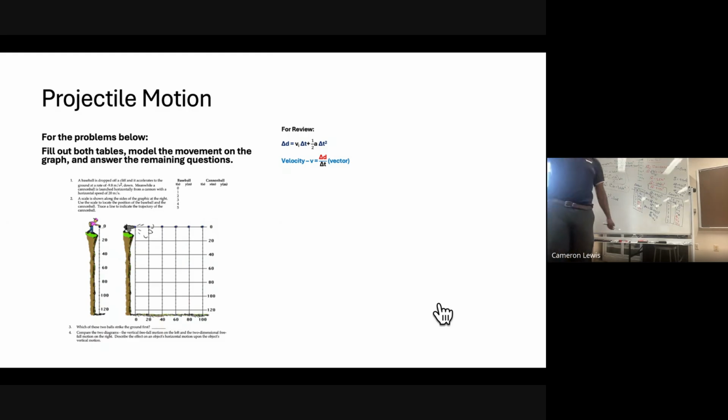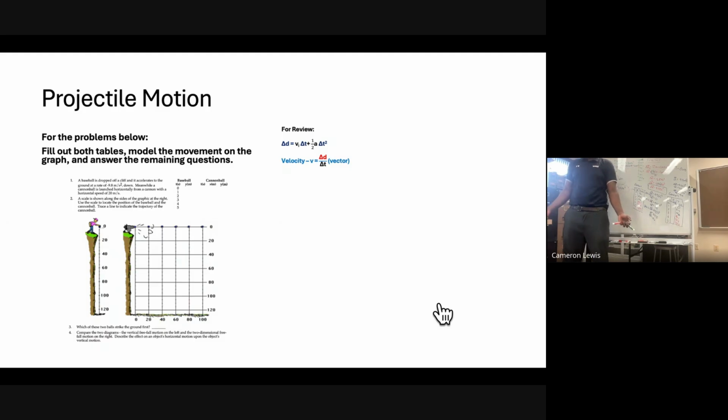When we're vertical, do we have acceleration? Yes, you have what? Gravity, acceleration due to gravity, right? But that's in what direction? The up and down, so the vertical direction. Now, horizontally, do we have acceleration present?